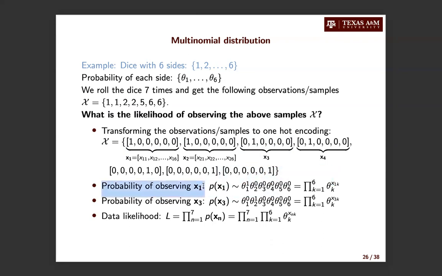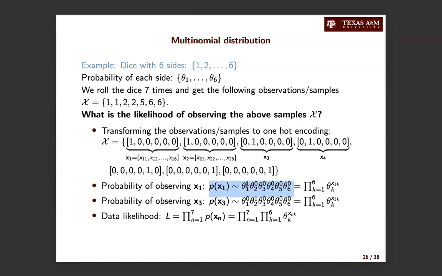Since we can assume that each of these observations of rolling a dice follows a multinomial distribution, the probability of observing observation x1, which is this observation here, can be denoted as this product here. This product is the product of all the different probabilities of each of the sides of the dice, theta 1, theta 2, theta 3, and until theta 6.